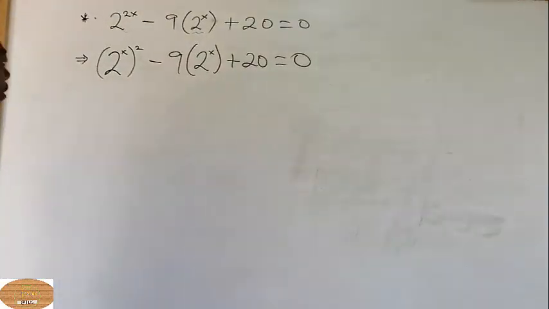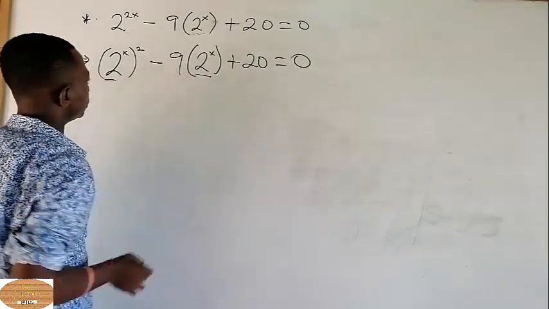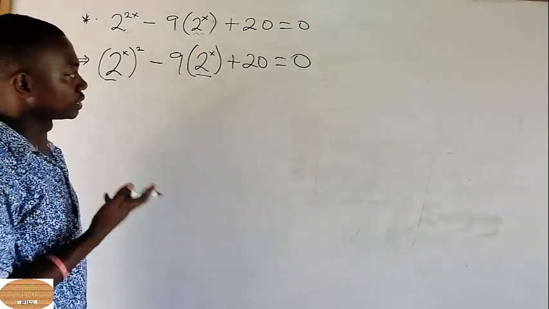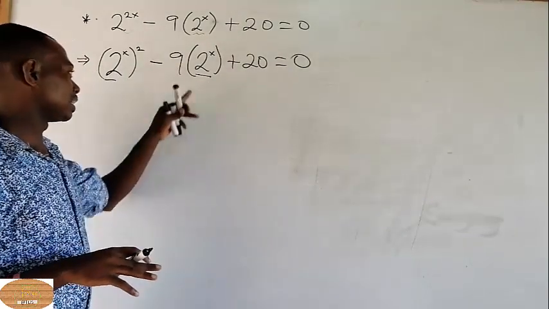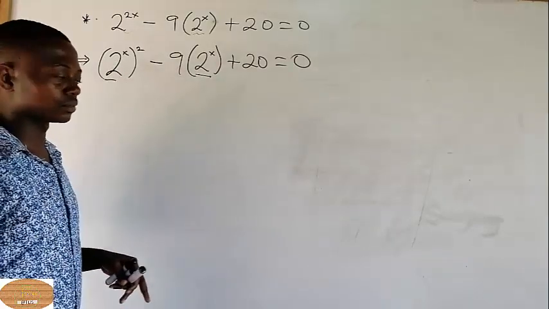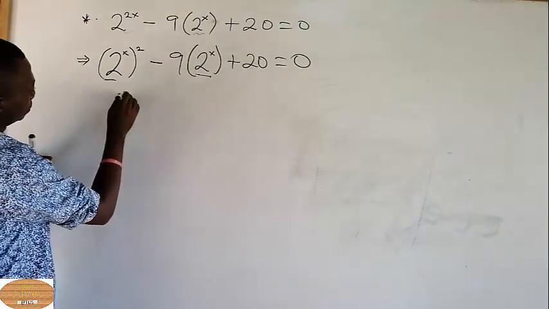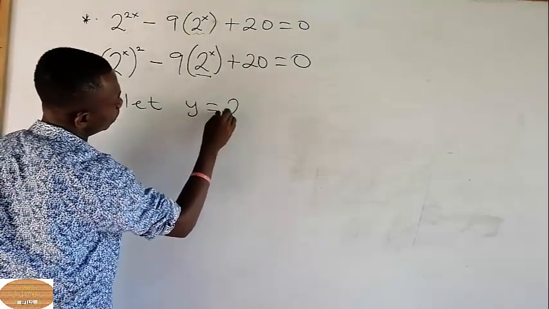Now what can you see here? We have 2 to the power x here, 2 to the power x there. So in order to make this one simple, we have to remove the 2 to the power x by letting a variable be that. So let 2 to the power x be a variable. So let y be 2 to the power x.